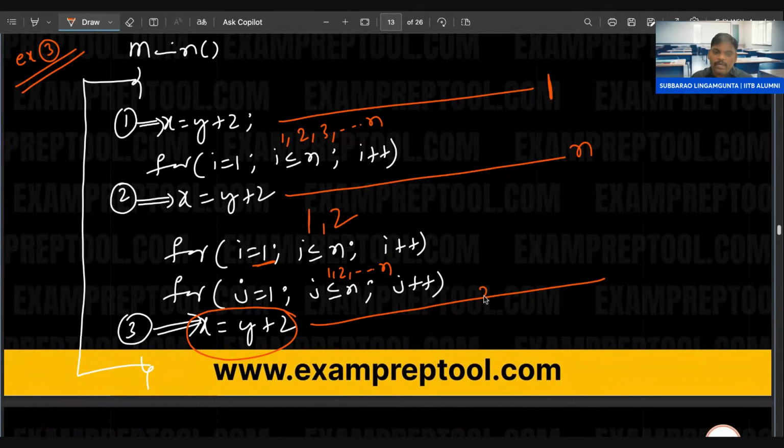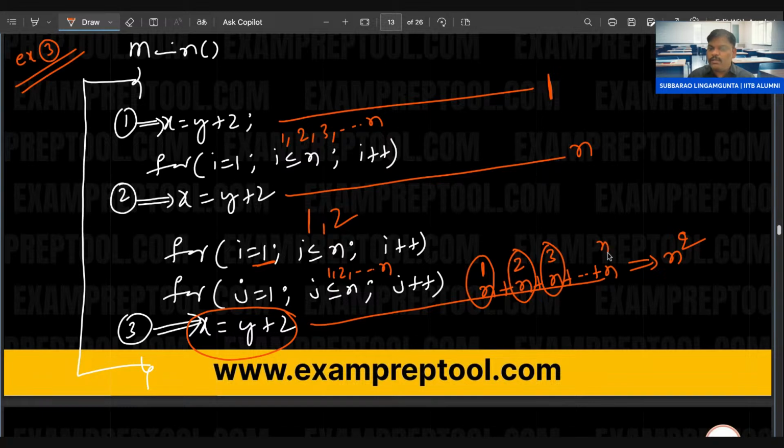So every time it is repeating n times. You may ask, how, sir? I value 1, j loop n times. I value 2, j loop n times. I value 3, j loop n times. I value n, j loop n times. N times n is n square.